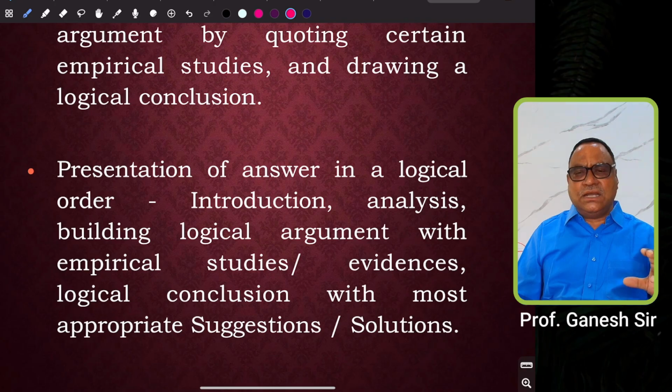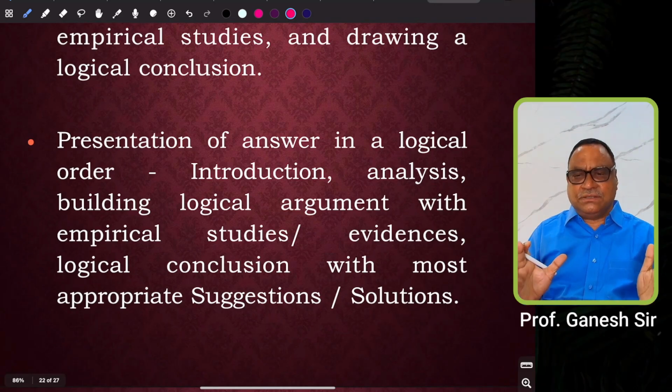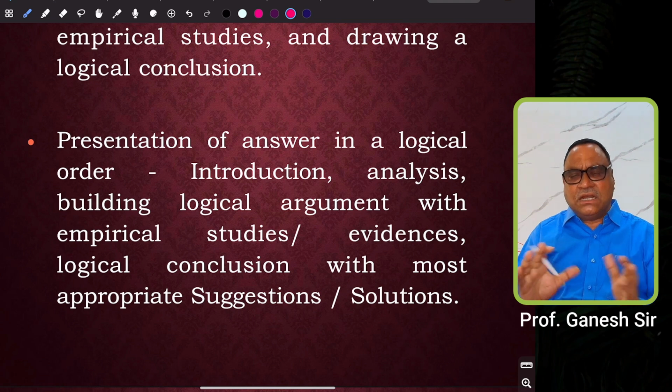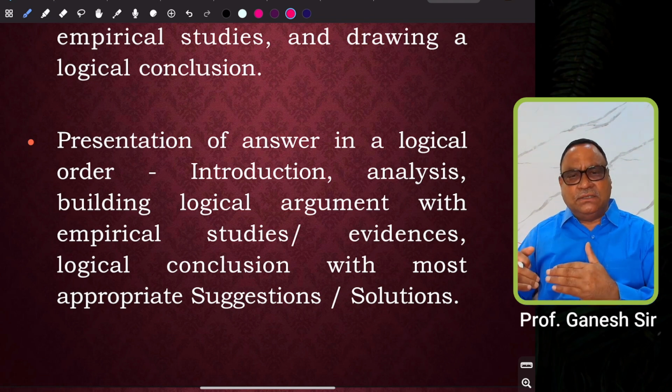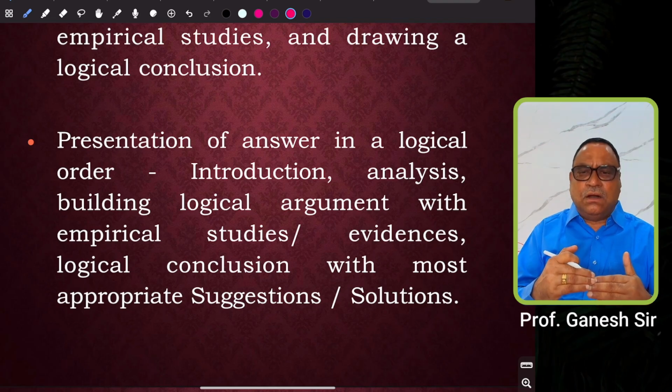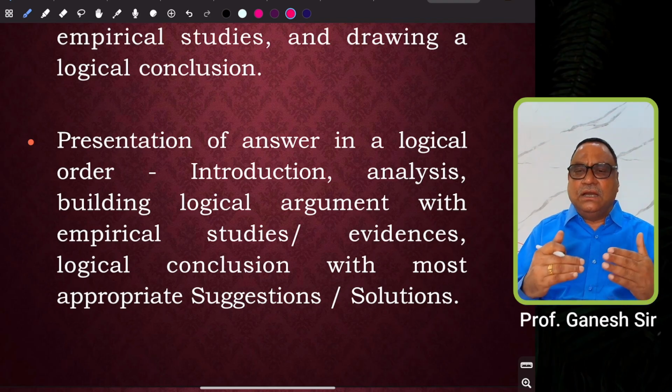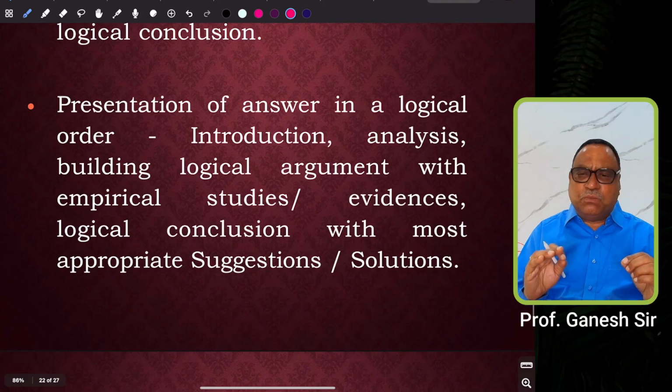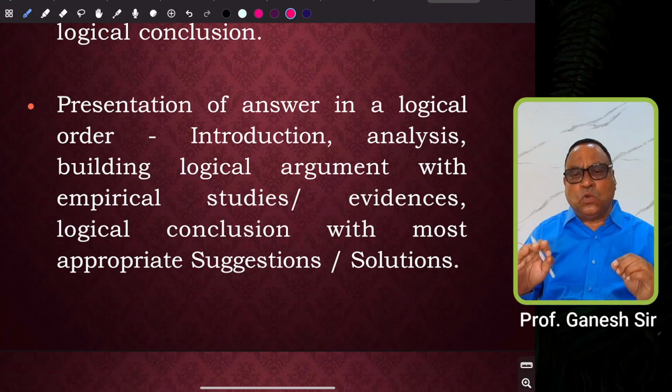And the answer should contain a brief introduction, and the introduction must always be effective. Then later, analysis of the answer related to a particular topic, then building a logical argument with empirical studies or evidence. Then at the end, a student is supposed to draw a logical conclusion with the most appropriate suggestions or solutions wherever required.